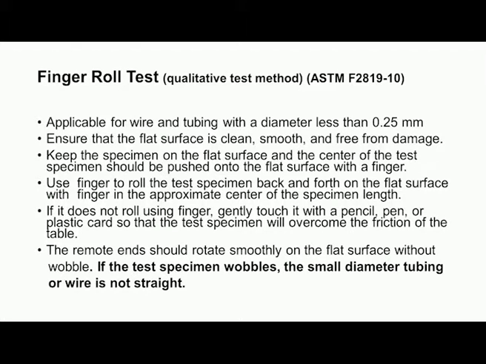It will not give any numerical value. It will tell whether the wire or tube is straight or not. If the diameter is less than 0.25 millimeter, then this finger roll test can be used.